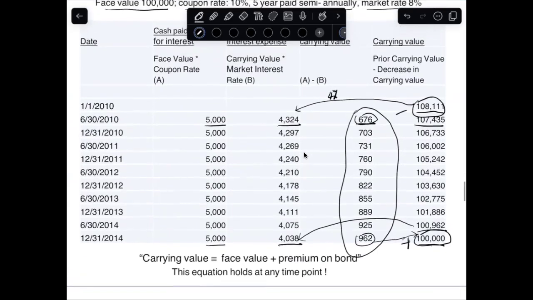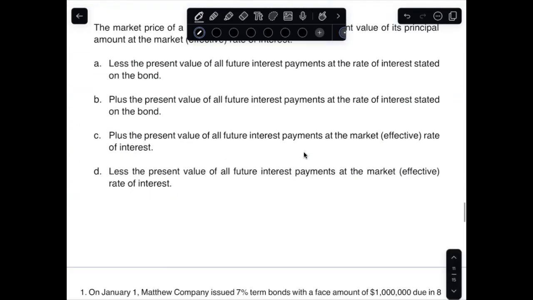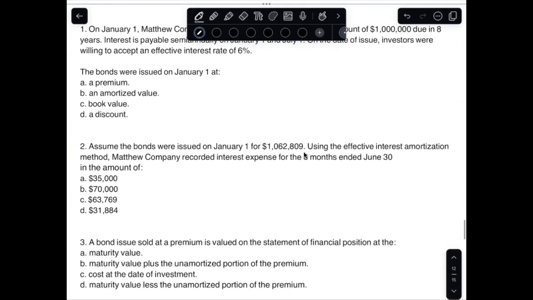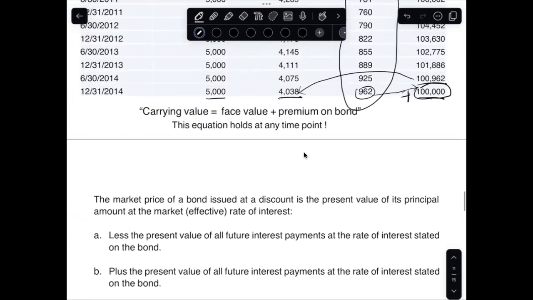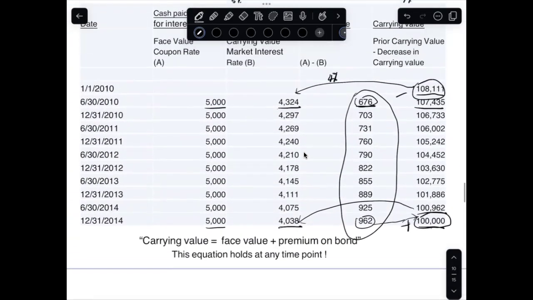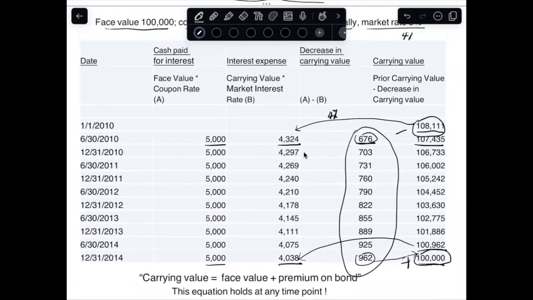Okay, and I have prepared some exercises for you later in the slides, and the answers have been recorded in the notes. So when you have a chance, please practice them often. The bond is very difficult.